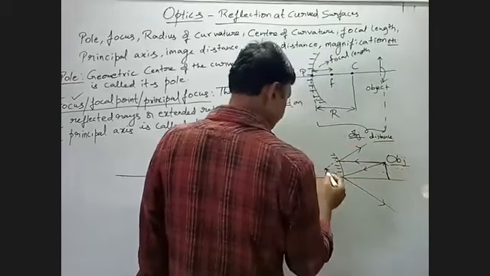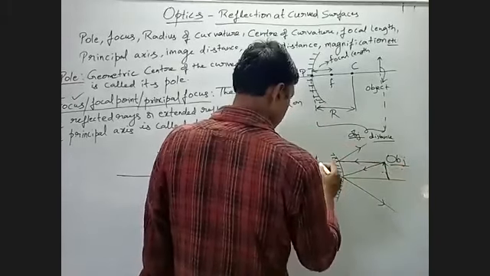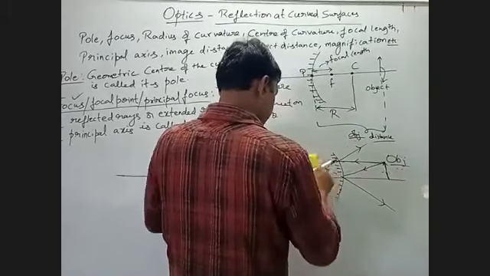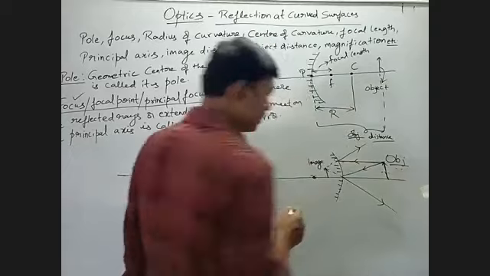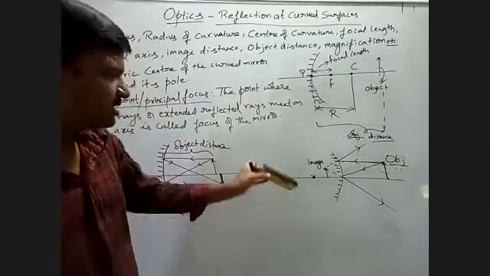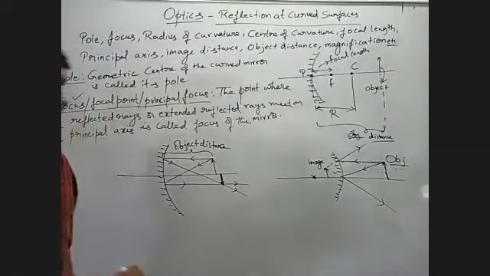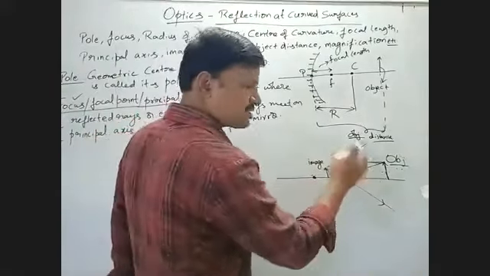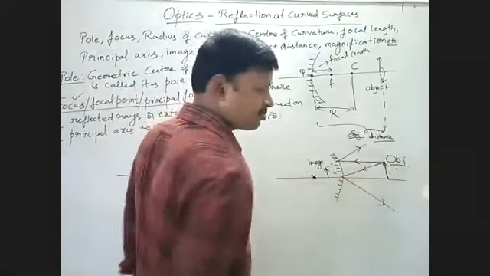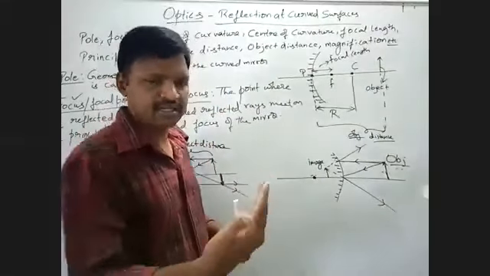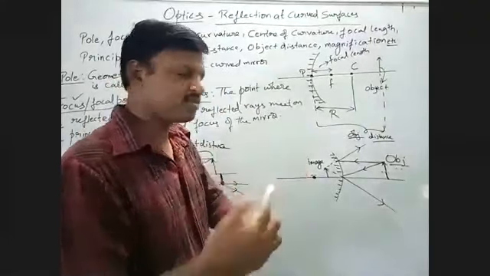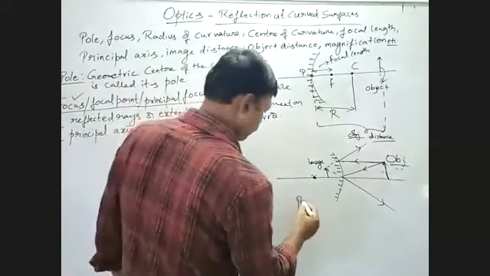Okay, this is the object, and this is the image. Generally, the image obtained by a convex mirror is always less in size than the original object. You can observe this in your vehicles, where the rear view mirrors are there.